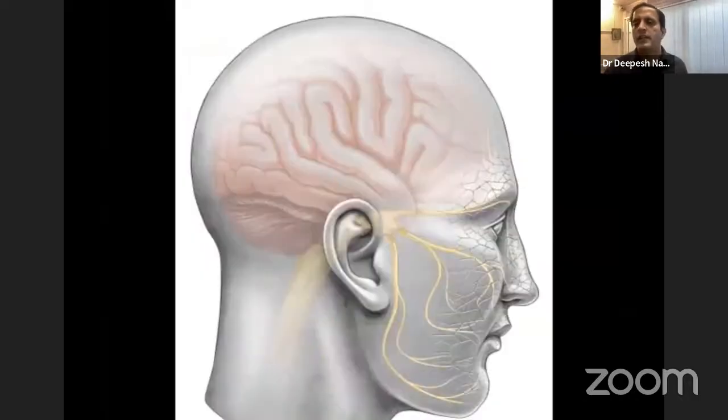Next is the facial nerve pain. You can see the yellow part of the nerve. The yellow part of the nerve is supplied behind the ear and supplies the front part of the eye, and the second part of the trunk is supplying the face area or center of the face, and the third part is supplying the lower mandible area, or the area which is near the jaw, or you can see the jaw line.